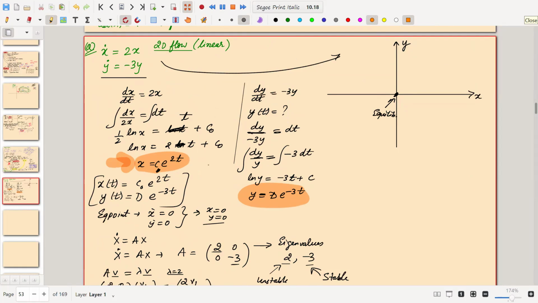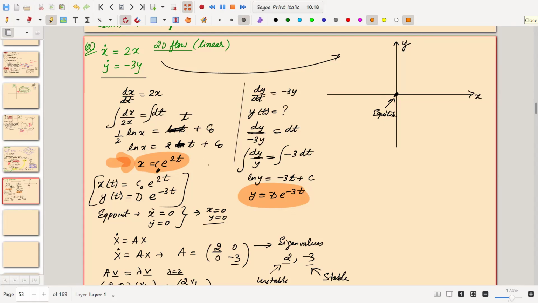As time increases, where is x going? x is growing exponentially and going towards infinity, right? Because e to the power 2t is there.